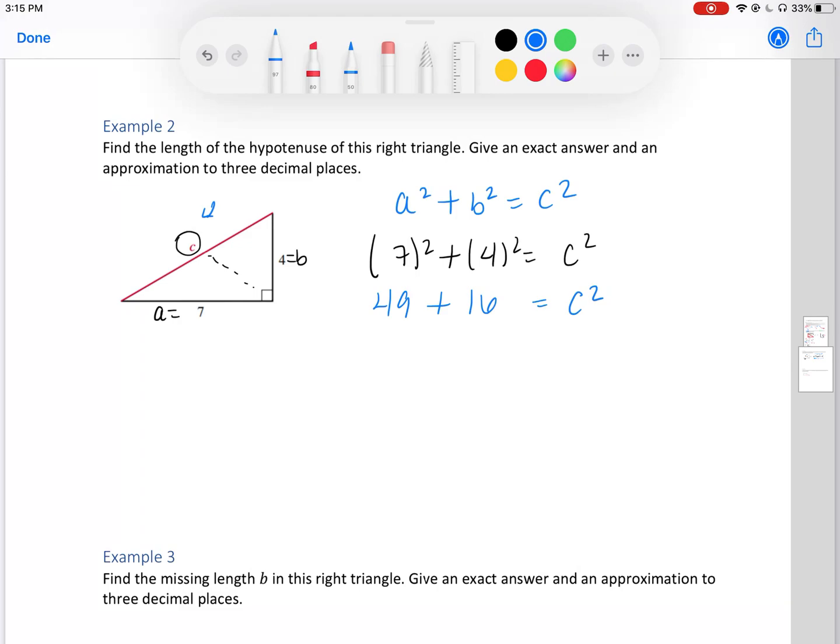We get 65. 65 is equal to c squared. I want to undo that square, so I take the square root of both sides. That makes that go away. So we're left with the square root of 65 is equal to c. And this is our exact answer.